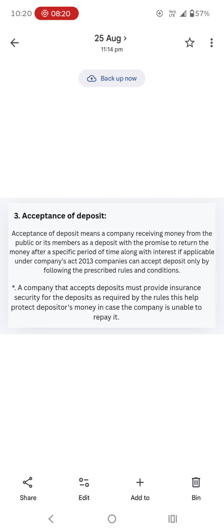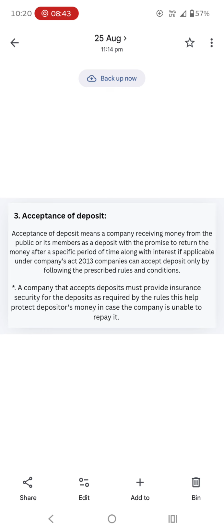The second point is a company that accepts deposits must provide insurance security for the depositors as required by the rules. This helps protect depositors' money in case the company is unable to repay it. Here, a company taking a deposit should provide insurance.